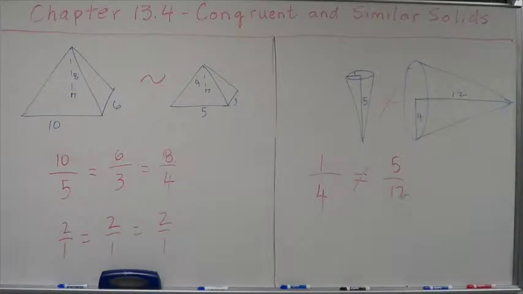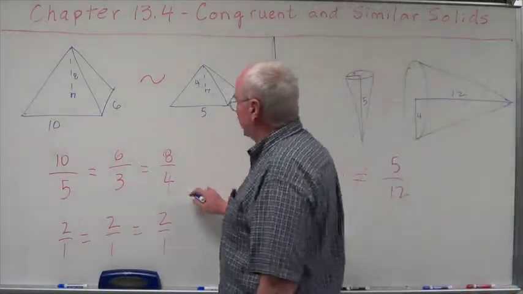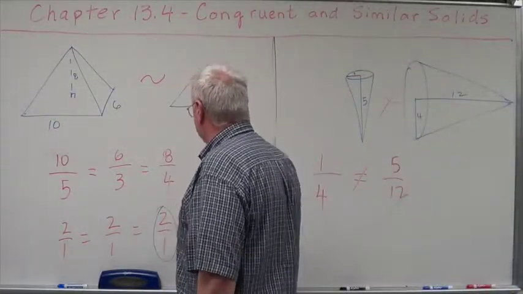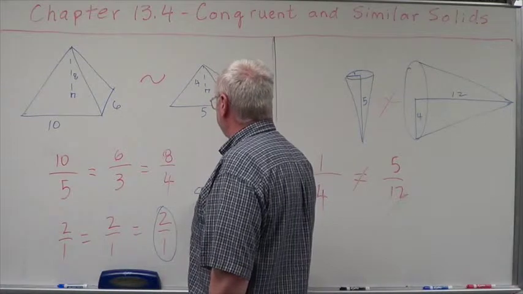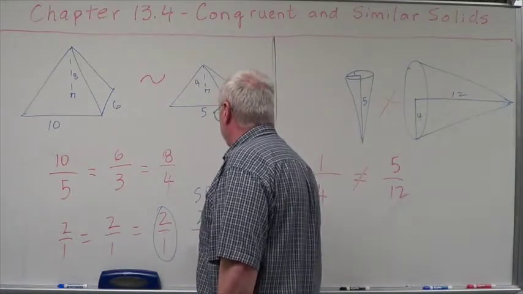Okay, now let's look at the scale factors or the ratios of each of them. If this is a linear measurement right here, what is their surface area? 2 squared as to 1 squared.